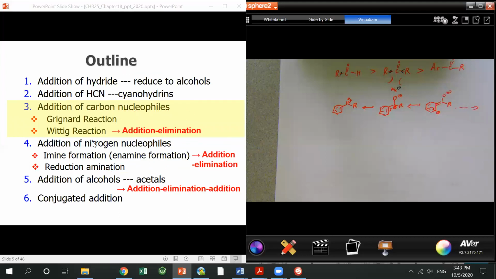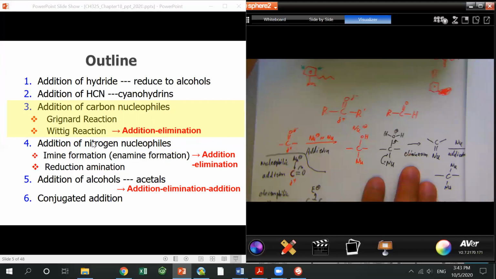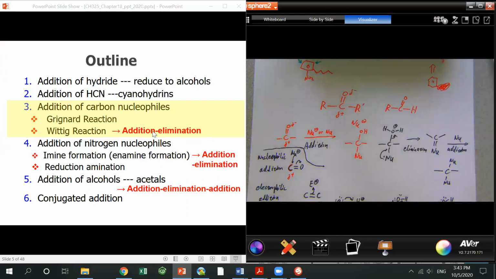And for the mechanism, just remember some reactions just stop at the first addition step. That's the addition of hydride, the addition of hydrogen cyanide, and the Grignard reaction.